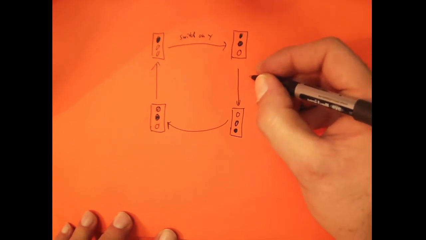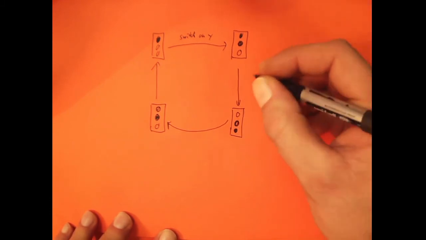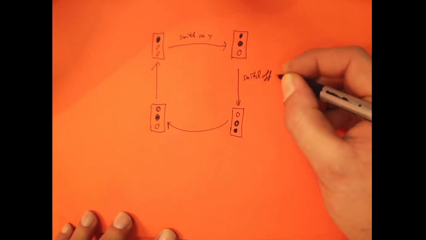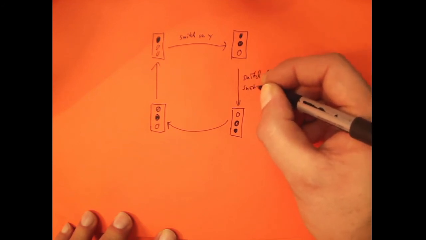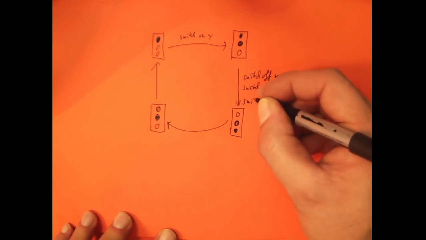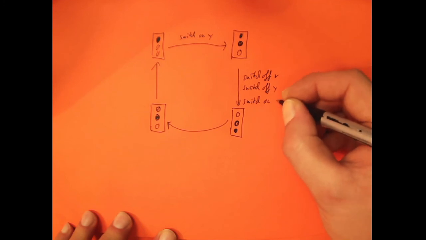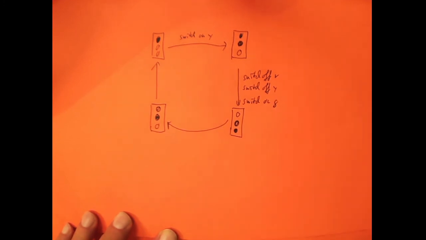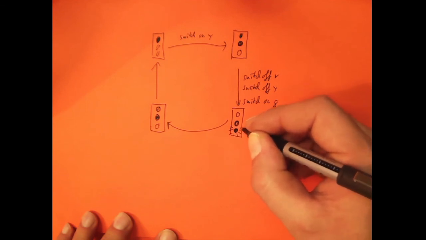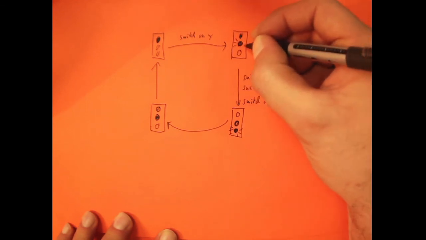In this case we have to switch off red, switch off yellow and switch on green. So maybe I have to paint it a little bit more visible.